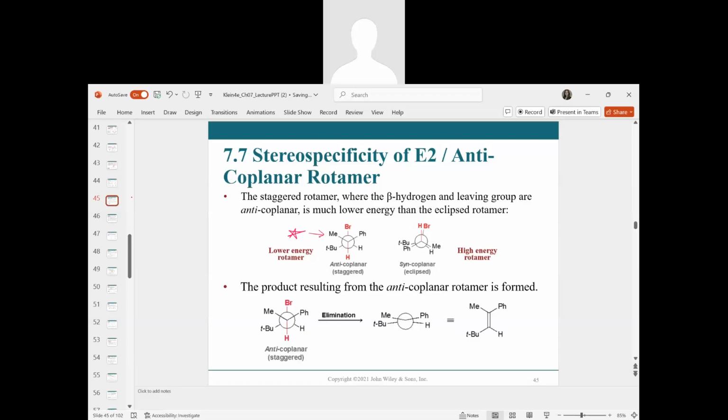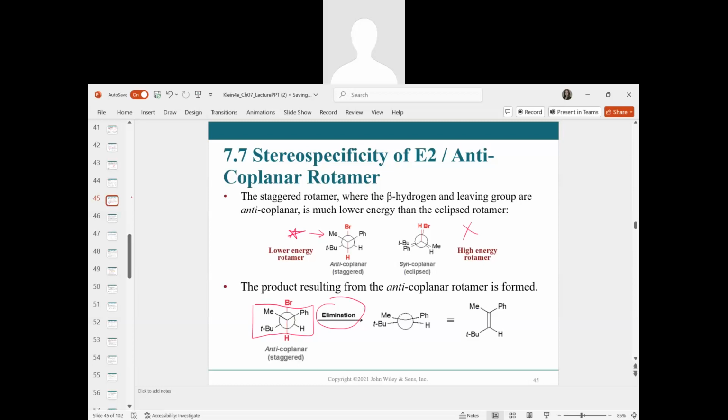So we will see very little, if any, at times, of the higher-energy conformation rotamers. So again, due to this elimination process, we're going to see this orientation of our products.